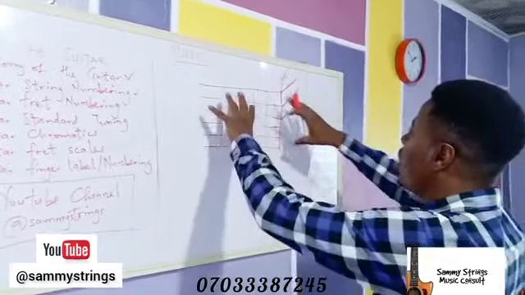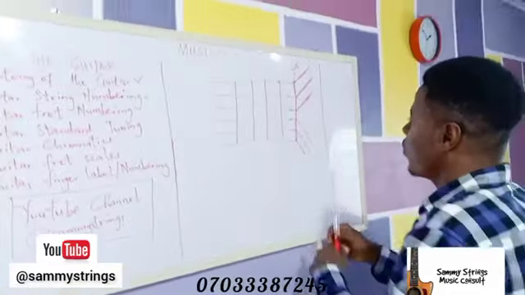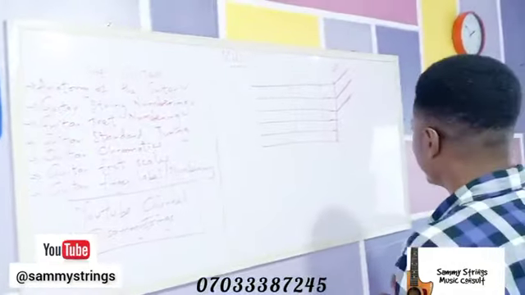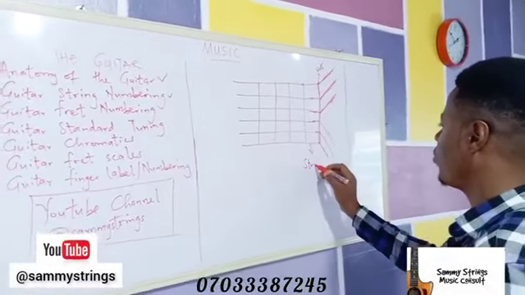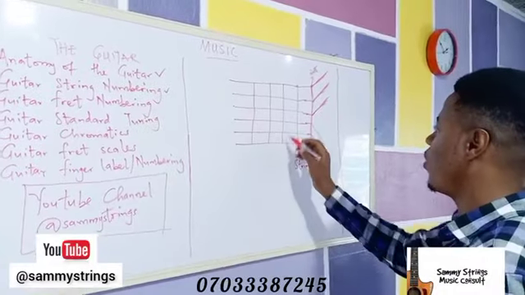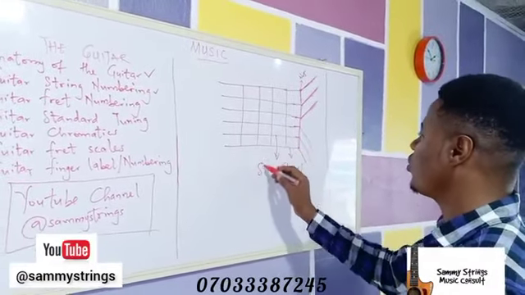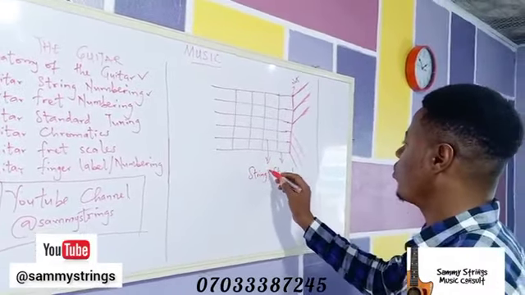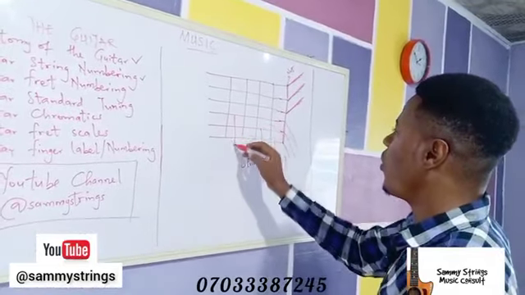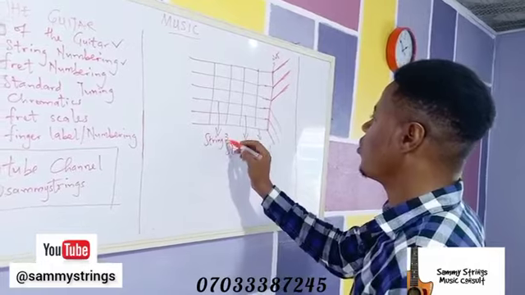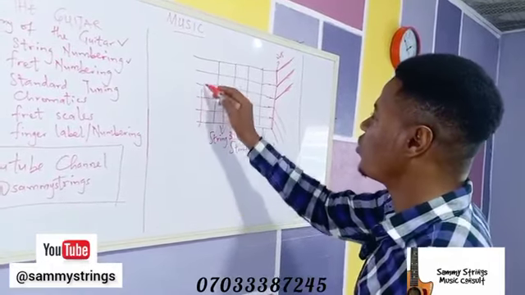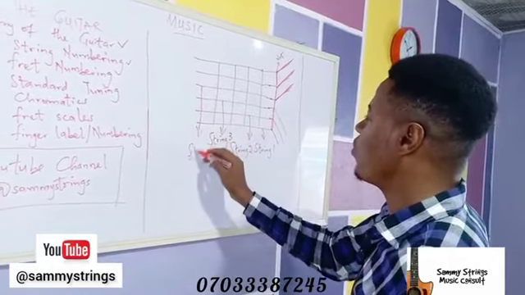Now, if I'm to explain diagrammatically what I explained just now, I'm going to have this as my string 1. I will have the next string to be my string 2. I will have the next one to be my string 3. I will have the next one to be my string 4.